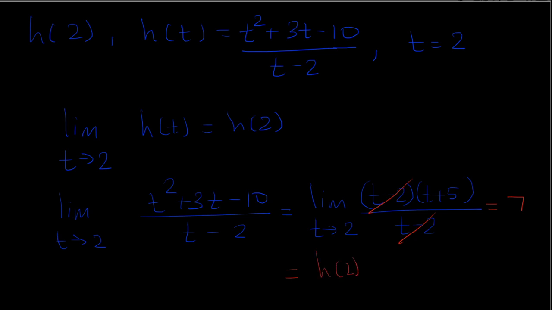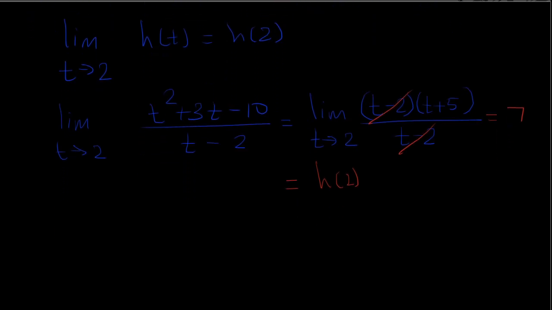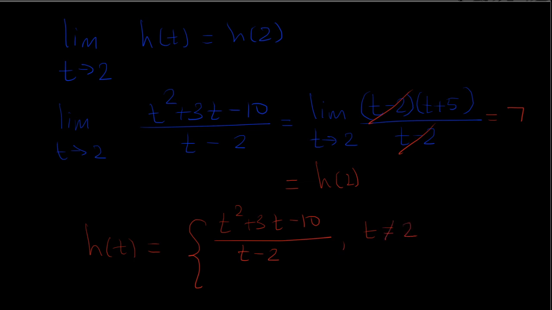So we're going to define h of 2 to be 7. So we can, if we choose to, write a piecewise function. We can let it be t squared plus 3t minus 10 over t minus 2 when t is not equal to 2, and 7 if t equals 2.